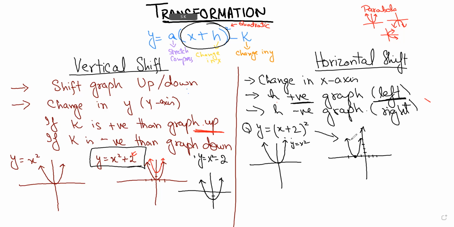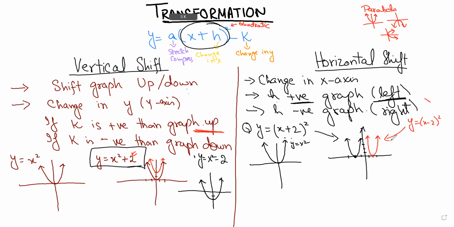And for instance, if my same question has the value, but instead of positive, it has a negative sign inside it. Because the negative sign is inside the bracket, I have to move towards the right. Then my graph is going to move towards the right, 1, 2 from the origin. So my graph is going to look like this. Let me draw it clearly at point 2, like this.